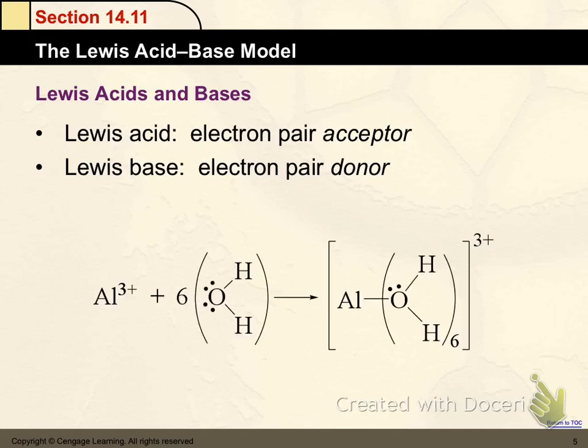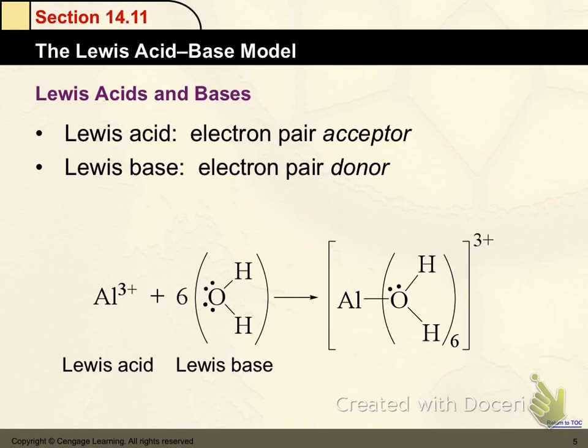And I have a perfect example down here of aluminum doing this. Aluminum, the 3 plus on the left side, is going to be known as our Lewis acid because it is going to accept electrons to then bond with water, and so the water is then called our Lewis base.